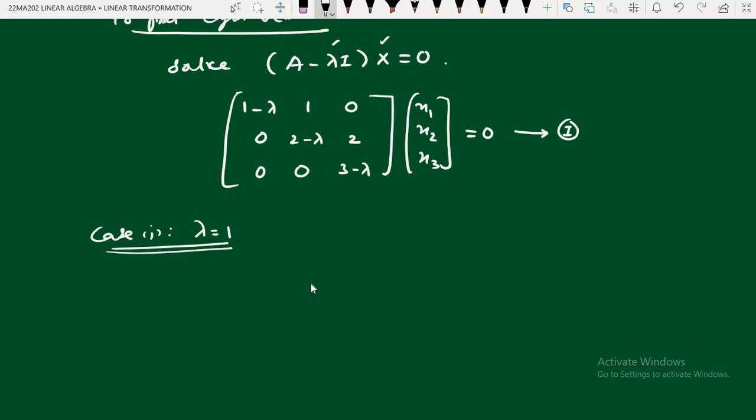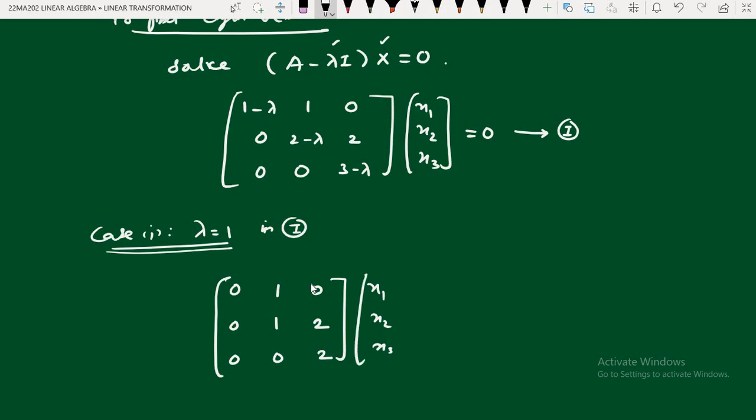First we move to lambda equal to 1. Substitute lambda equal to 1 in equation 1. So we get the matrix [1 minus 1, 1, 0; 0, 1, 2; 0, 0, 2], times x1, x2, x3, equal to 0.